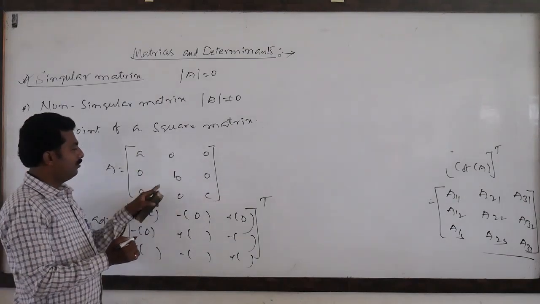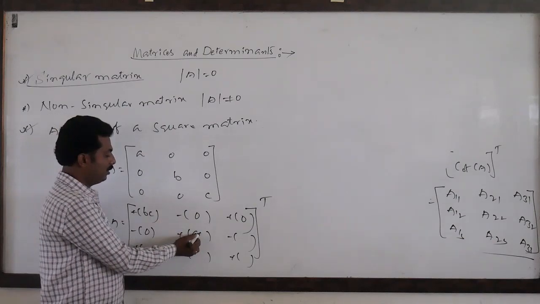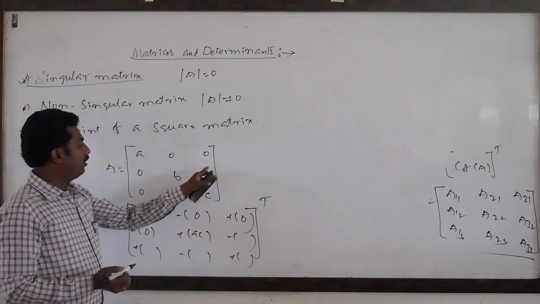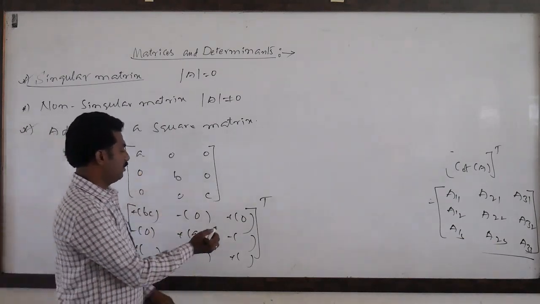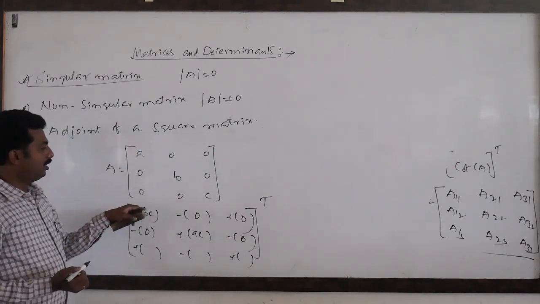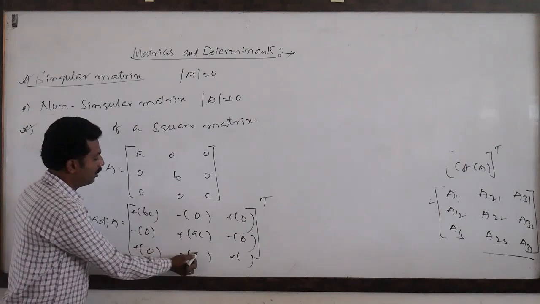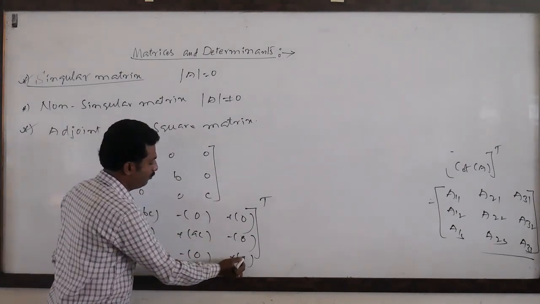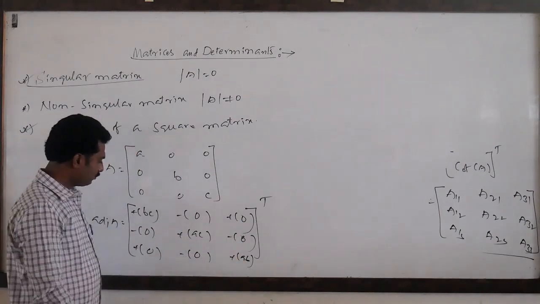Second row, second column if you close, this is AC. Second row, third column, 0. Third row, first column, 0. Third row, second column, 0. Third row, third column, AB.